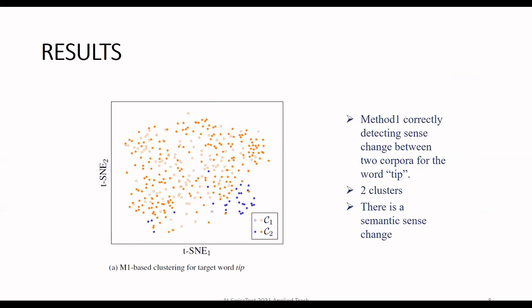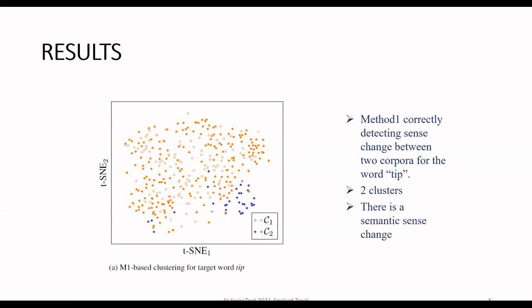One cluster is quite big, the orange one, and it is quite impure, as the elements belong to both corpora. The second one, blue, is very small, and there is only one element which falls into corpus C1. All other elements were in C2.